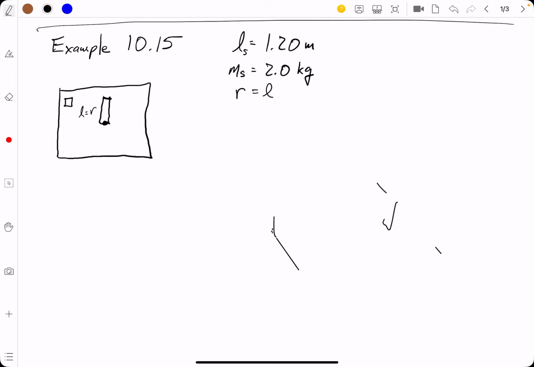The box is going to come in, and it's going to hit exactly right there, totally perpendicular. So it's coming in from this angle, and it's going to hit right there. The center of mass is going to be at the very end of the stick.